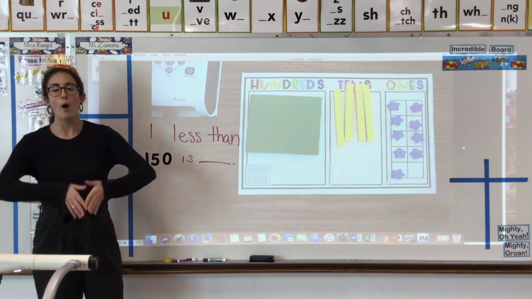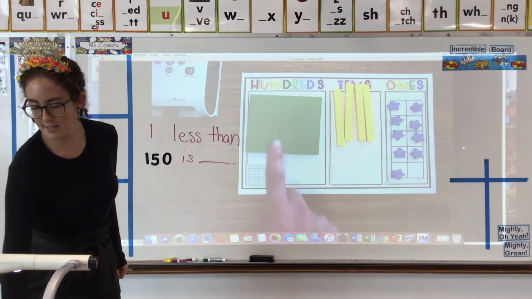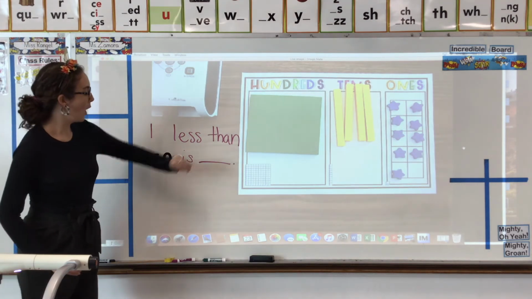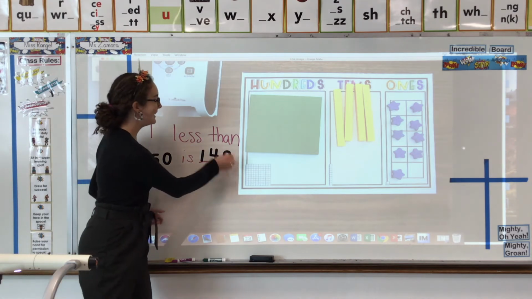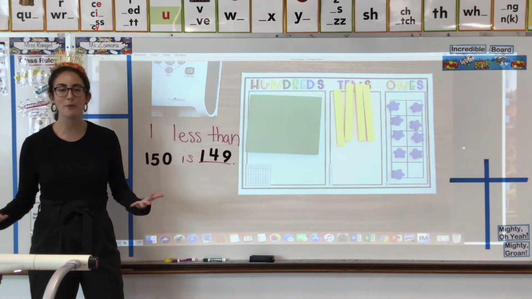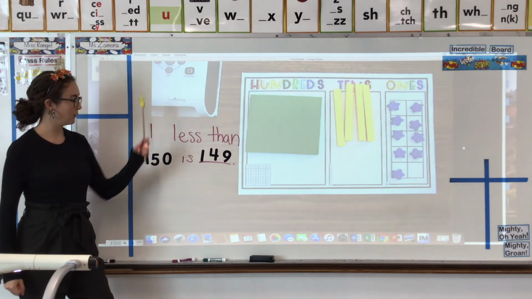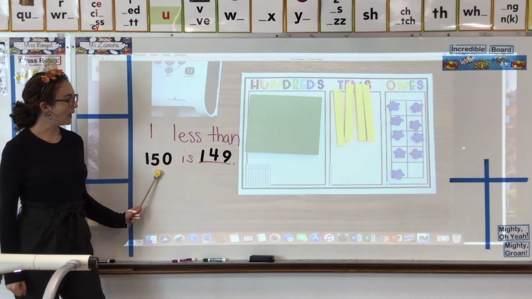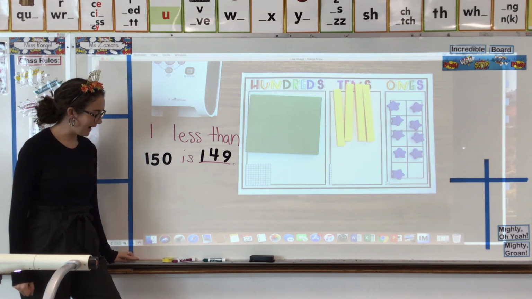So second grade, what number do we have on our board? What do we see? This is 149. Can you read our final answer with me? We've got 1 less than 150 is 149.